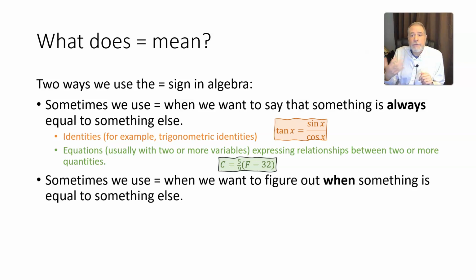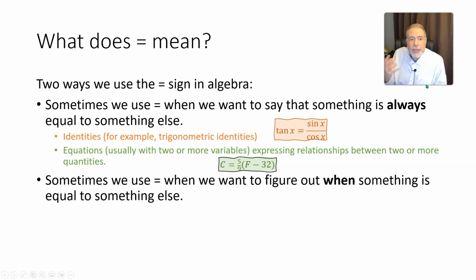So if you wanted to convert a particular temperature from Fahrenheit to Celsius, this equation would tell you how to do that. The F doesn't stand for any particular number, although if you do have a particular temperature in mind, you can put that in place of F, and then that equation would tell you that whatever number you put in for the Fahrenheit temperature, the Celsius temperature is going to be equal to 5/9 times that number minus 32.